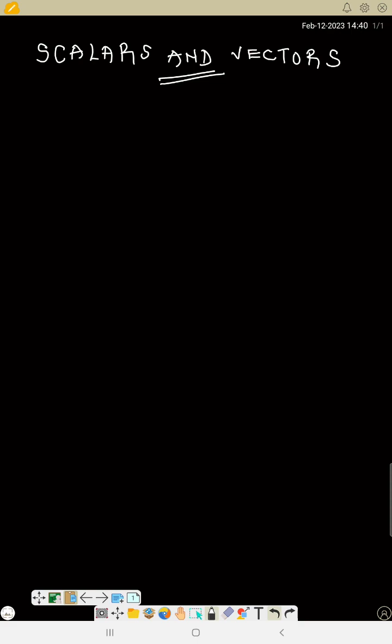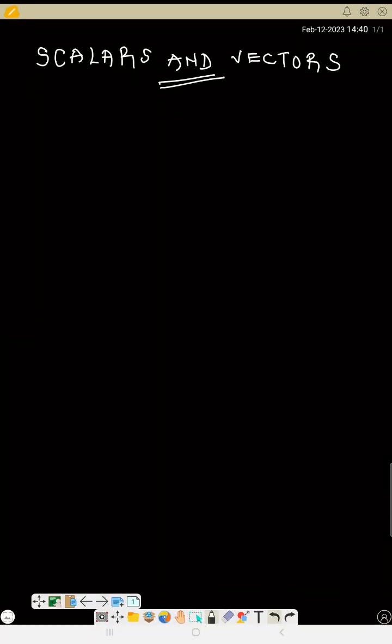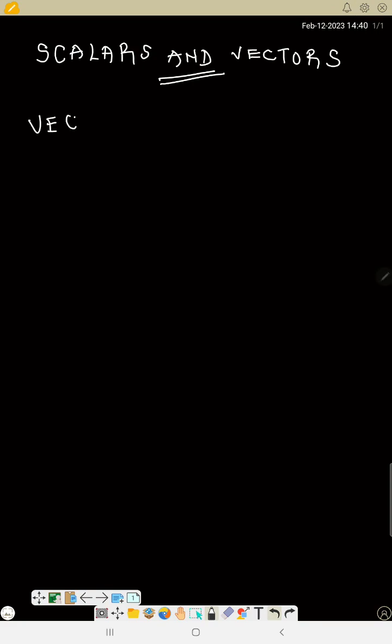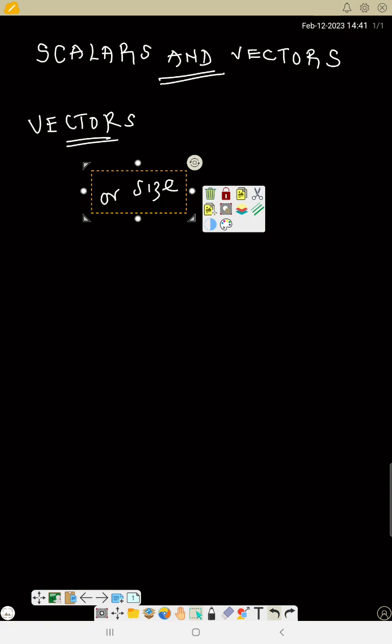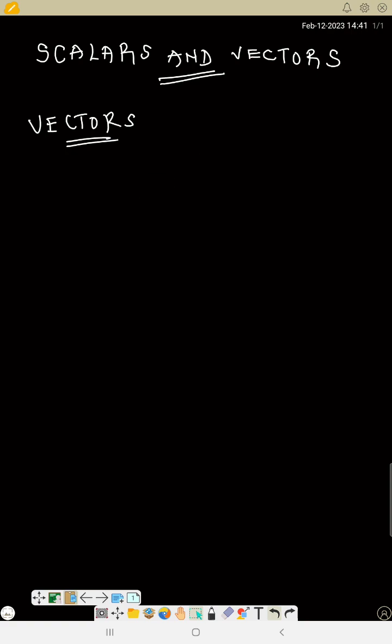Now let's move to vector. Vector is actually wide, but let's start with an introduction. What is vector? Just like scalar, vector quantities are those which have magnitude or size and direction.